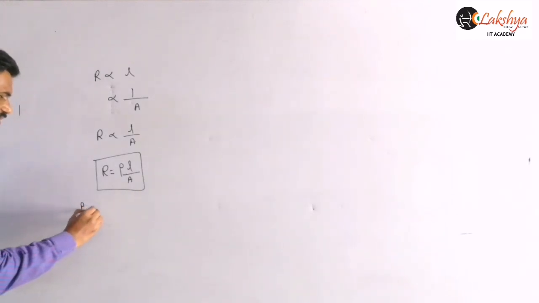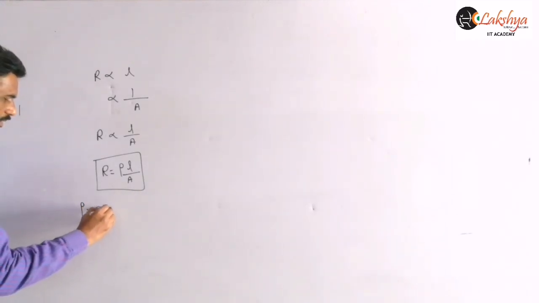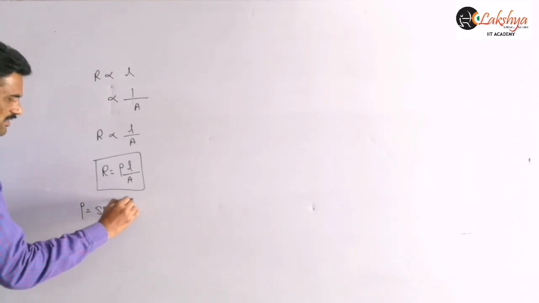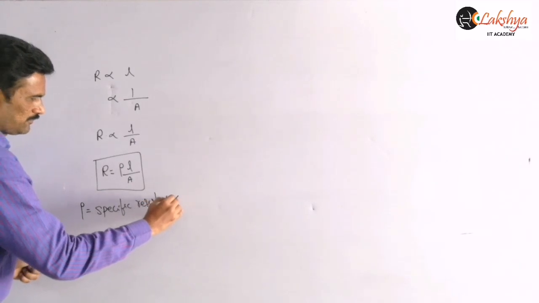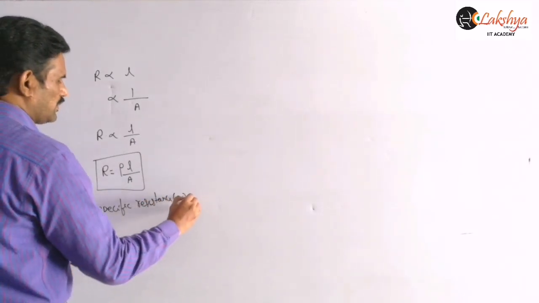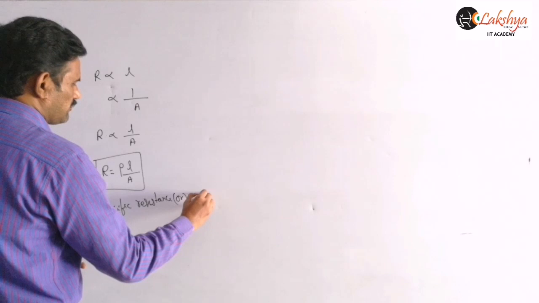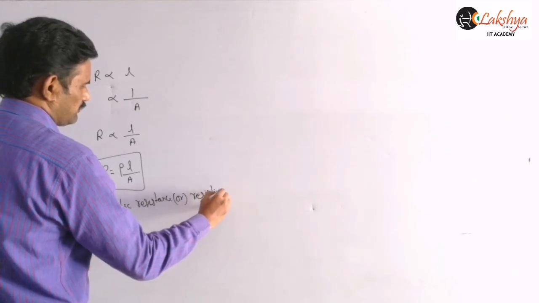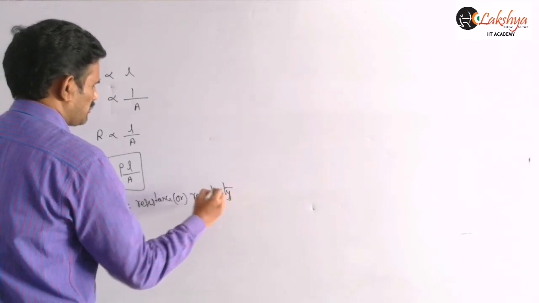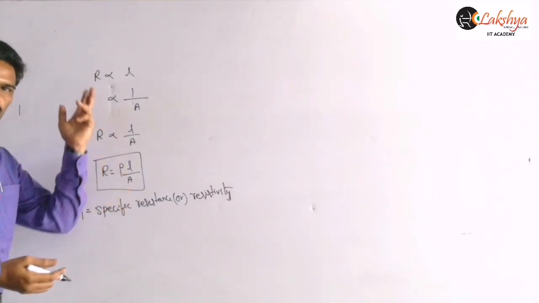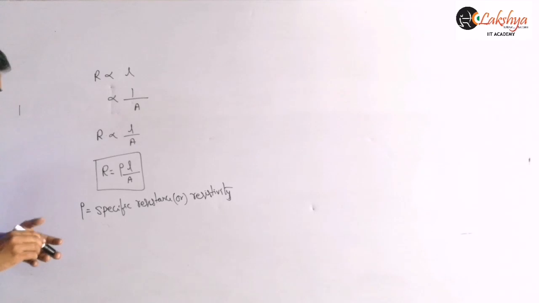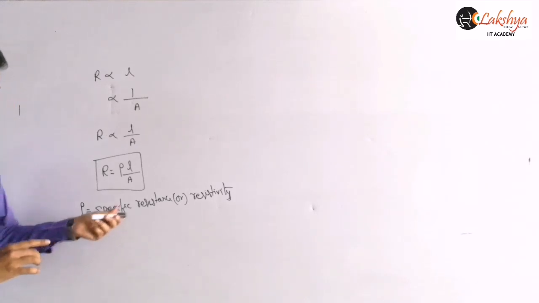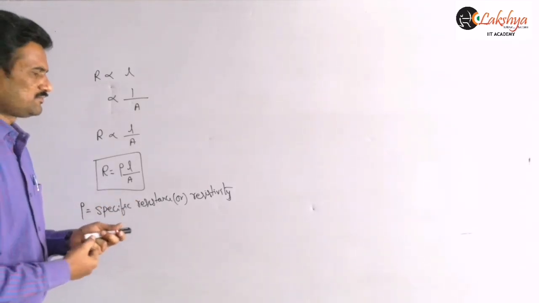So this rho is the specific resistance or resistivity, which we already introduced in the relation between E and J.